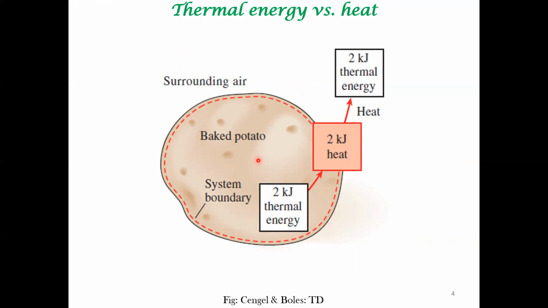This is the thermal energy, internal energy. These are all state functions. This thermal energy can be transferred to the surrounding air, because the potato is at a higher temperature.